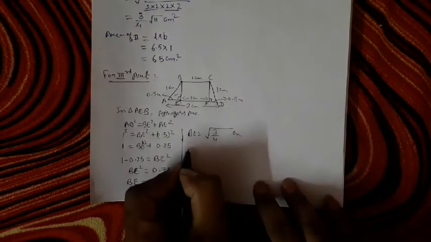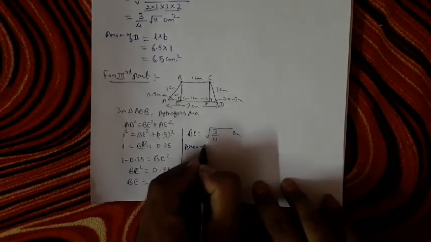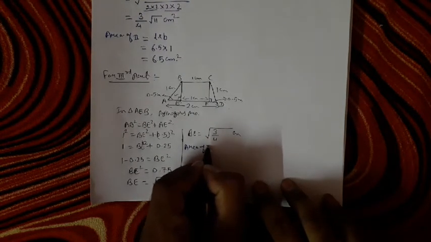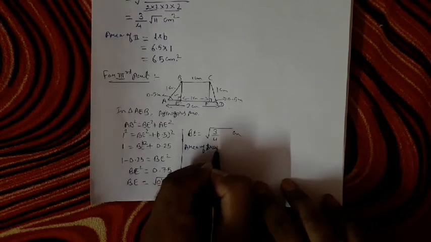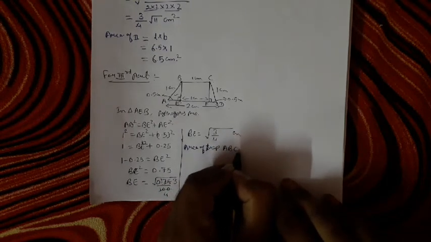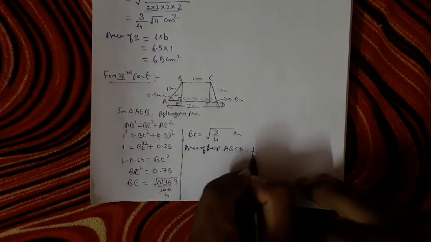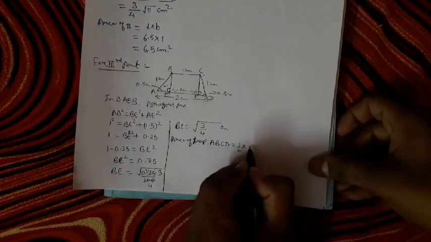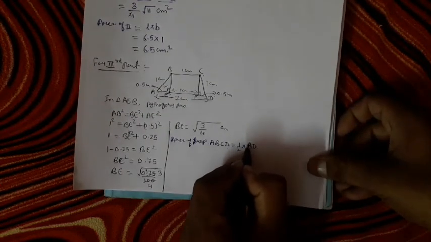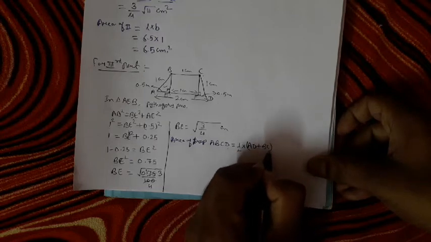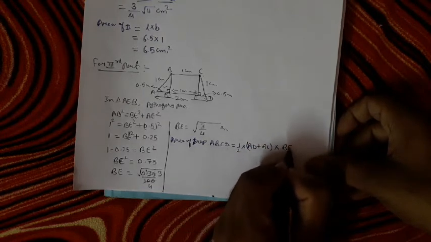Now I'm finding the area of trapezium ABCD. You know that it is 1 upon 2 times the sum of parallel sides. The parallel sides are AD plus BC, into the height BE.